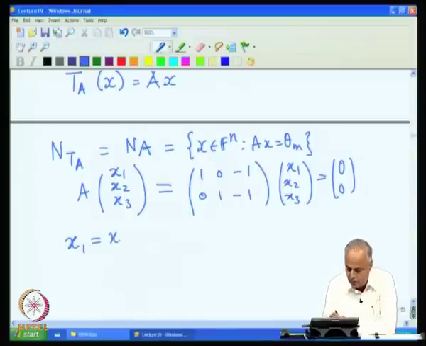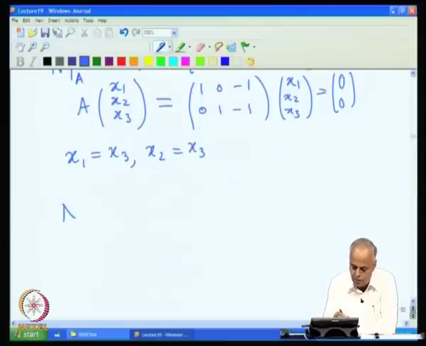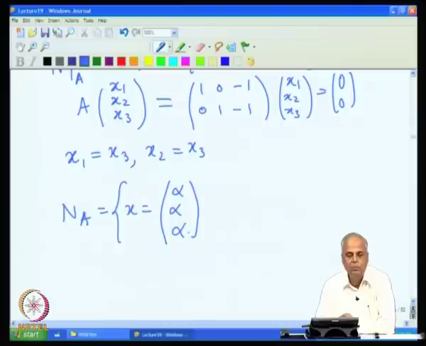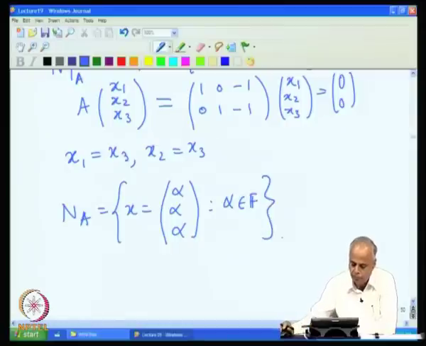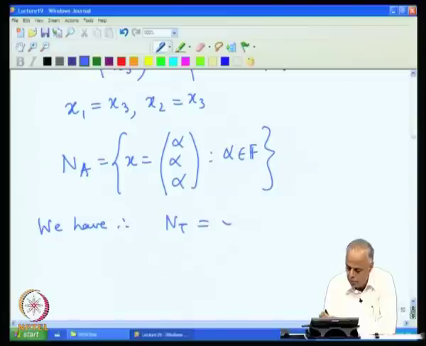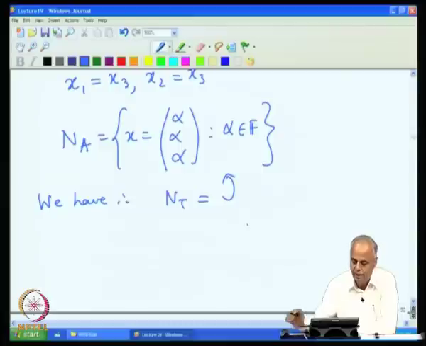We get x1 equal to x3, x2 equal to x3, and therefore the null space of A consists of all vectors for which x3 can be chosen arbitrarily, the non-pivotal variable. Once you choose the non-pivotal variable, the pivotal variables have to be chosen equal to that, so alpha can be chosen arbitrarily. Therefore N(T) is also equal to this, because N(T) is equal to N(A). Now, what is the dimension of N(T)?